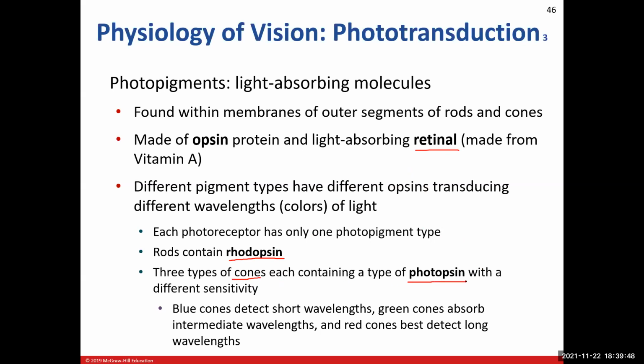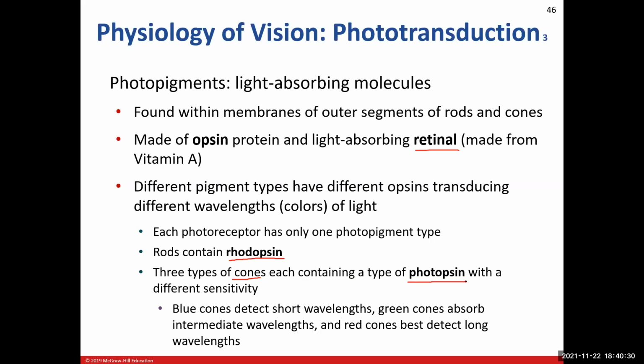But here's the twist with the cones. The cones have 3 types of photopsin, based upon one of 3 colors: blue, green, or red. Notice that those are the primary colors of the spectrum. One type of cone will be able to detect blue light, another type of cone will detect green light, and another type of cone will detect red light.